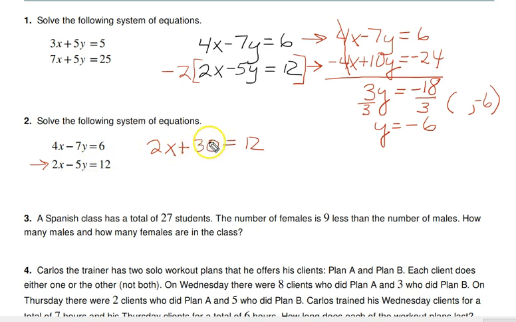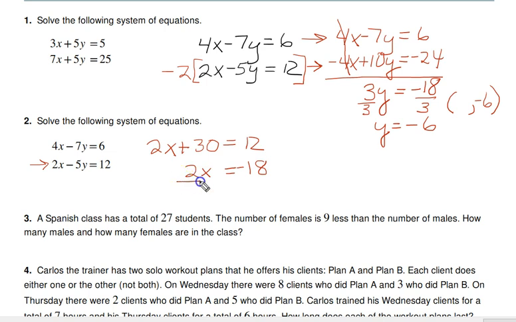Now I'm going to subtract 30 from both sides, and I get 2x equals a -18. So on this side, the 30 becomes a -18, I'm sorry, -30, I get this.